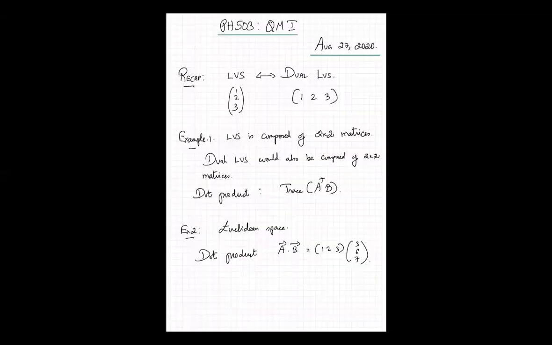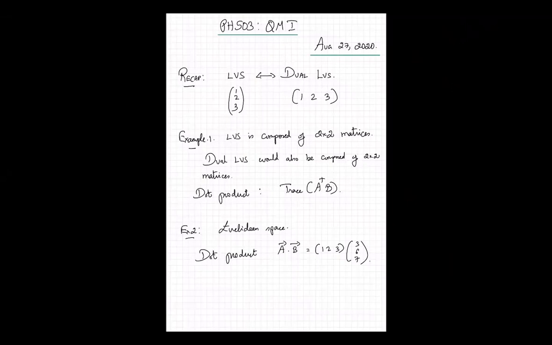So this is the definition of dot product in this particular space, the second one, and there are also equivalent definitions in other linear vector spaces. There is a difference between example 1 and example 2, and not just that in example 1 the vectors are matrices and in example 2 the vectors are column vectors.